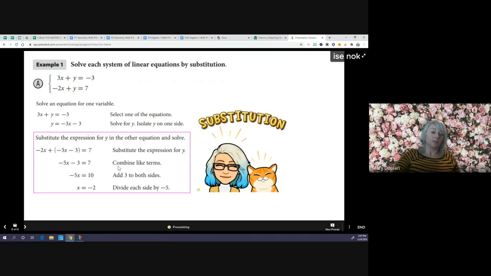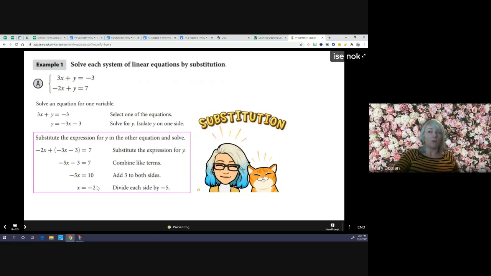We combine like terms, and then we add 3 to both sides because that's a constant. If I add 3 here and add 3 there, I end up with negative 5x equals 10. Last step, divide each side by negative 5. So x is negative 2.